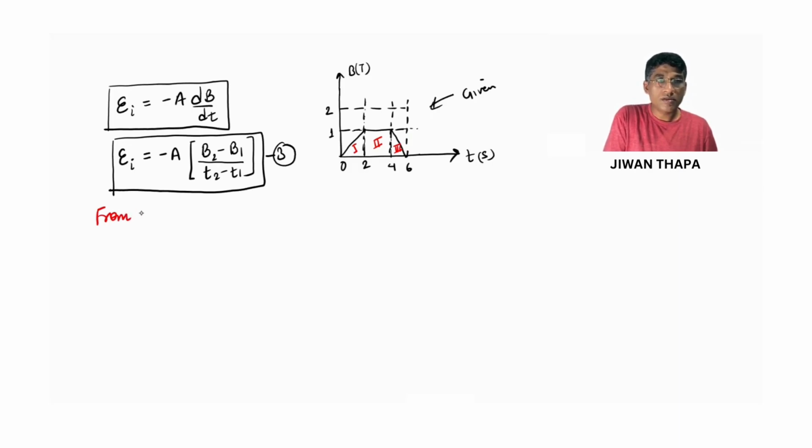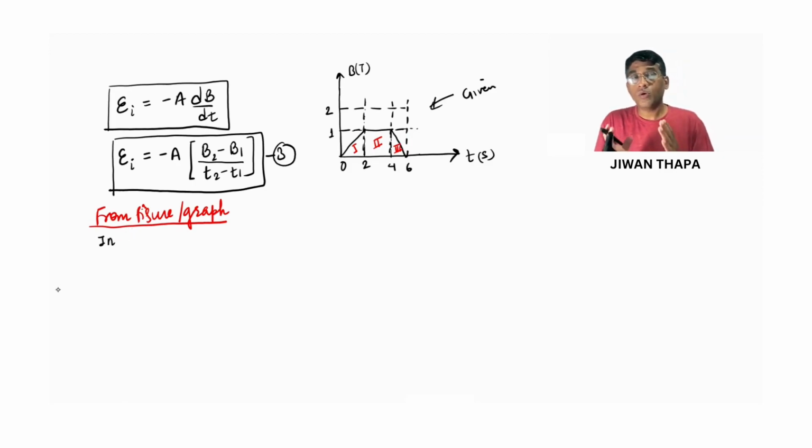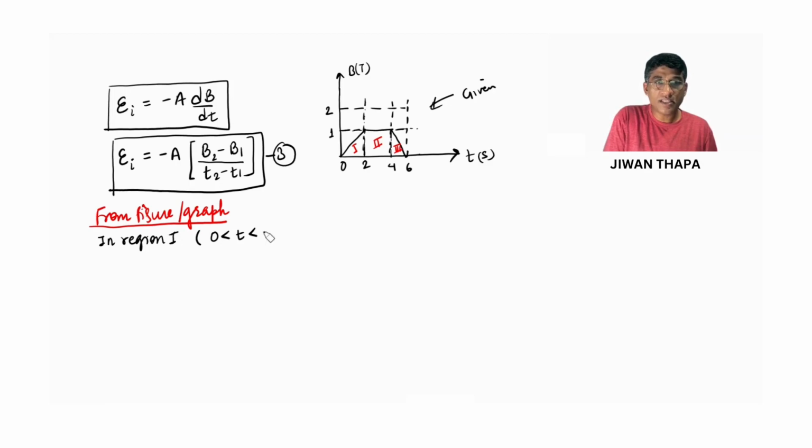Now, what we find from the figure or graph: in region 1, we can see 0 < t < 2.